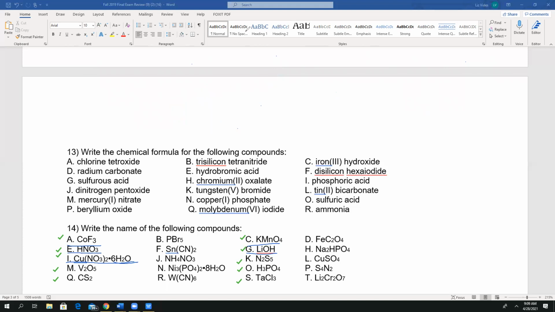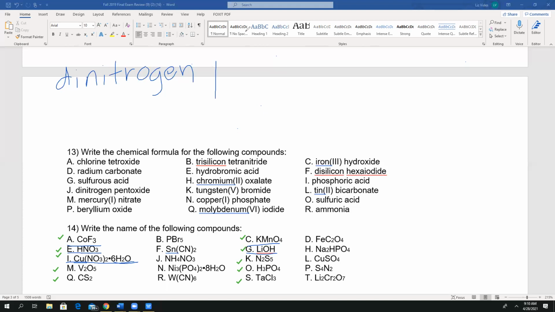All right, the next one that we have is N2S5. N happens to be a non-metal, so it's nitrogen and sulfur. So N has 2, so that would be dinitrogen, and how many sulfurs?